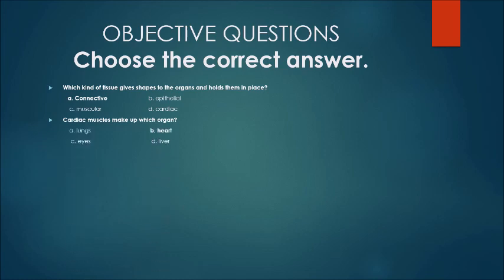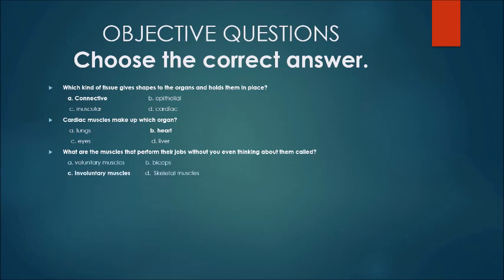A. Lungs, B. Heart, C. Eyes, D. Liver. B. Heart is the answer. Number 3. Which are the muscles that perform their jobs without you even thinking about them? A. Involuntary, B. Bicep, C. Involuntary, D. Skeletal muscle. C. Involuntary muscles is the answer.